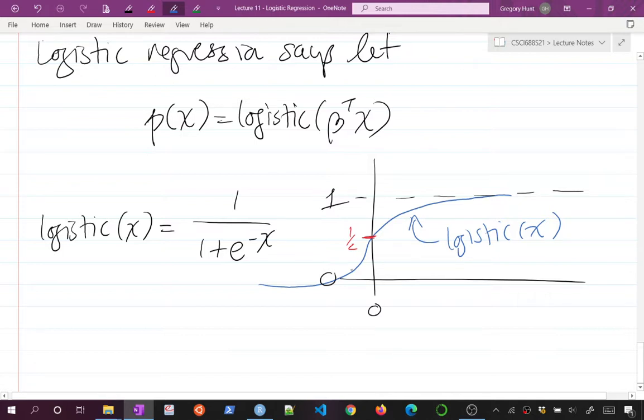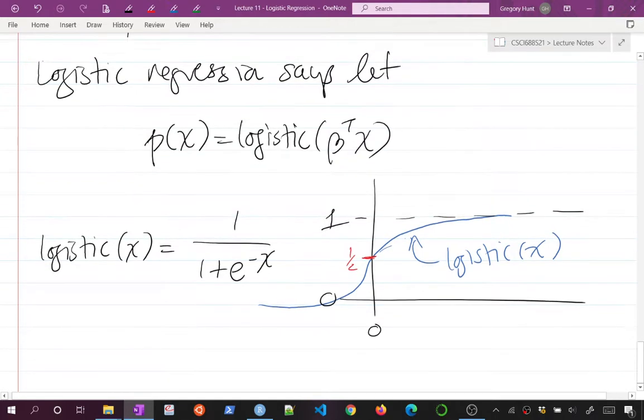Now, we don't necessarily want it centered around 0. We don't want this halfway point to be at 0. And so we can look at linear transformations. We can do additive shifts. We're not just going to look at logistic of x, because that would force the center to be at 0. But you can do all other kinds of linear transformations, which can shift this thing around or stretch it in various ways, right?